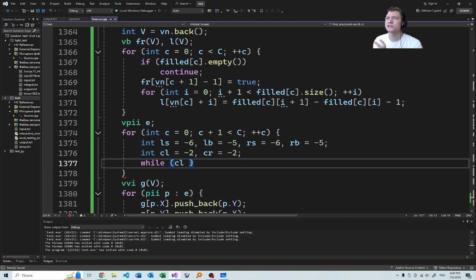While current left is... let me think. Field c.size.